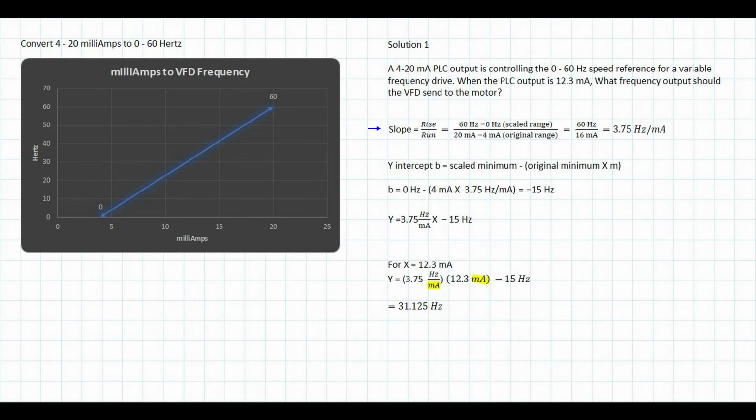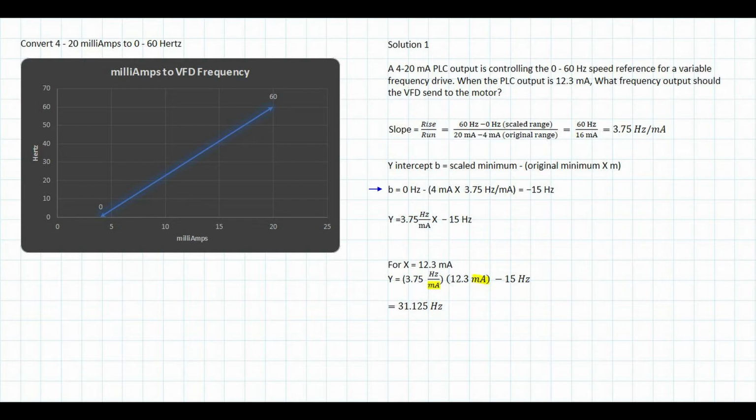As usual, we start off by calculating the slope. In this case, 60 Hz minus 0 Hz for the scaled range, divided by 20 milliamps minus 4 milliamps for the original range. That gives us 60 Hz divided by 16 milliamps, or 3.75 Hz per milliamp.